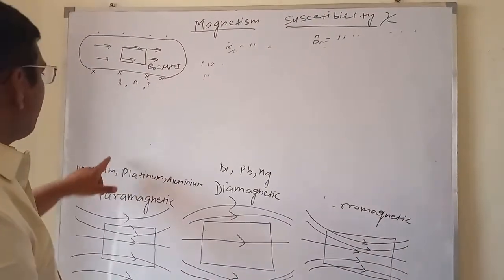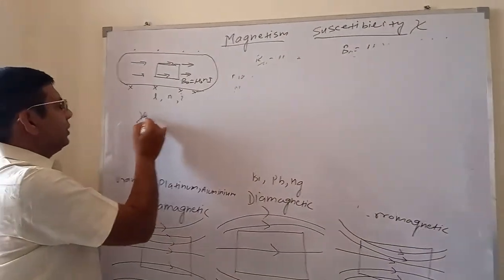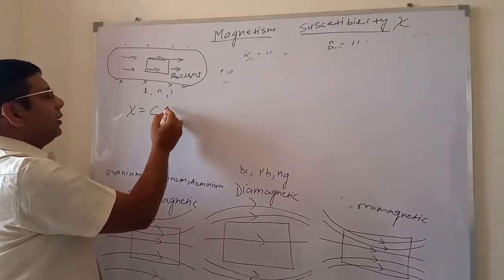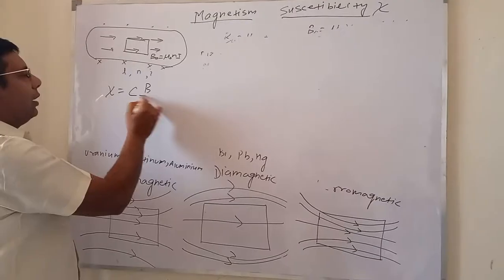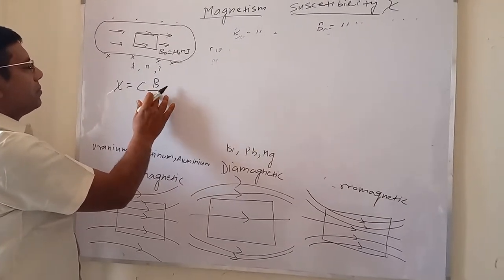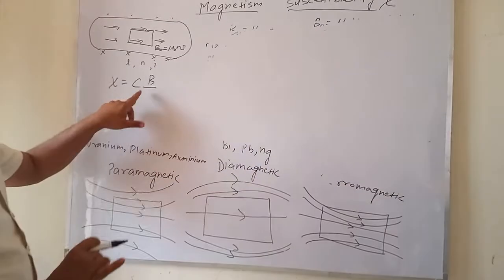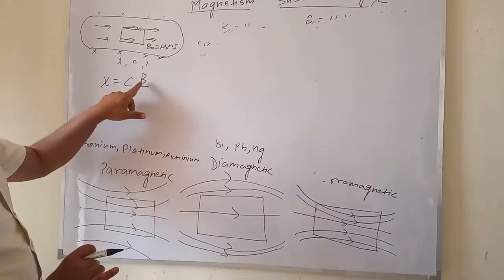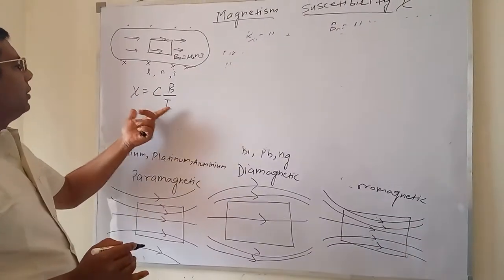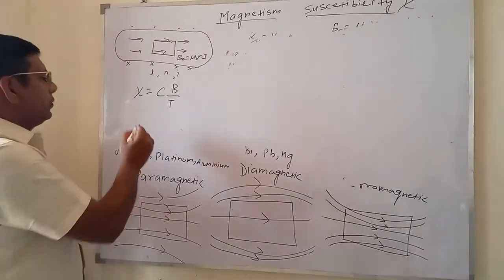Now in case of paramagnetism, susceptibility is proportional to C, and it's proportional to B upon T. So this one is called Curie's law.